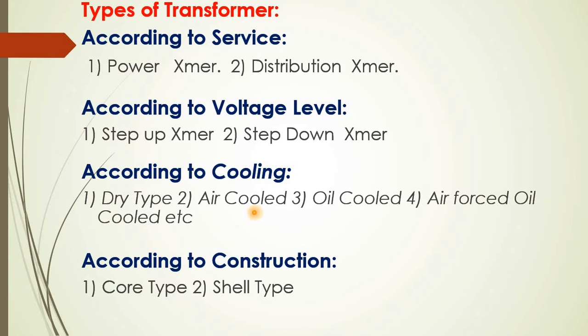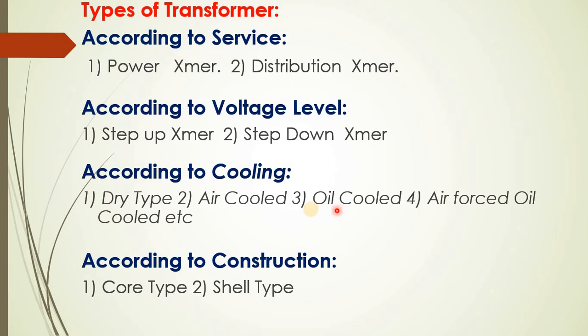Then second, it is air cooled type. Third, it is oil cooled type. Fourth, it is air forced oil cooled type. All these are the different cooling methods. Air cooled means there will be a fan fitted near the winding, and that fan will flow the air.